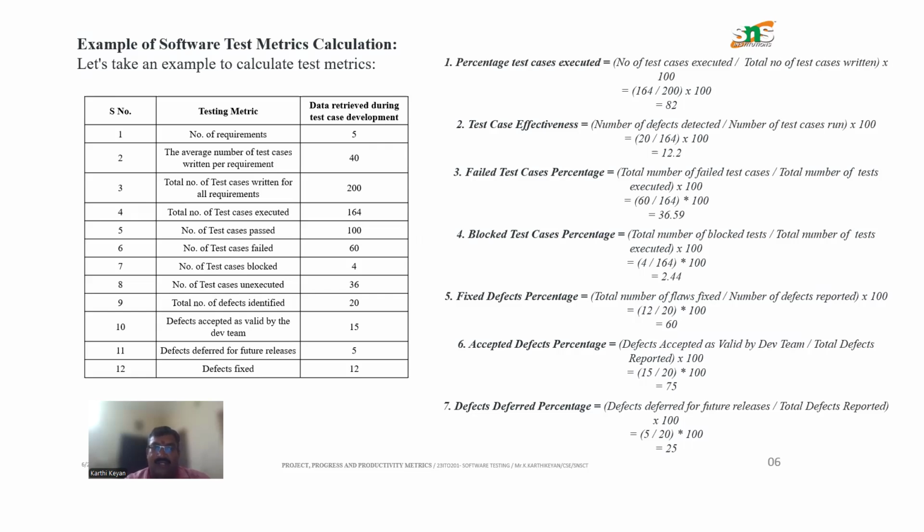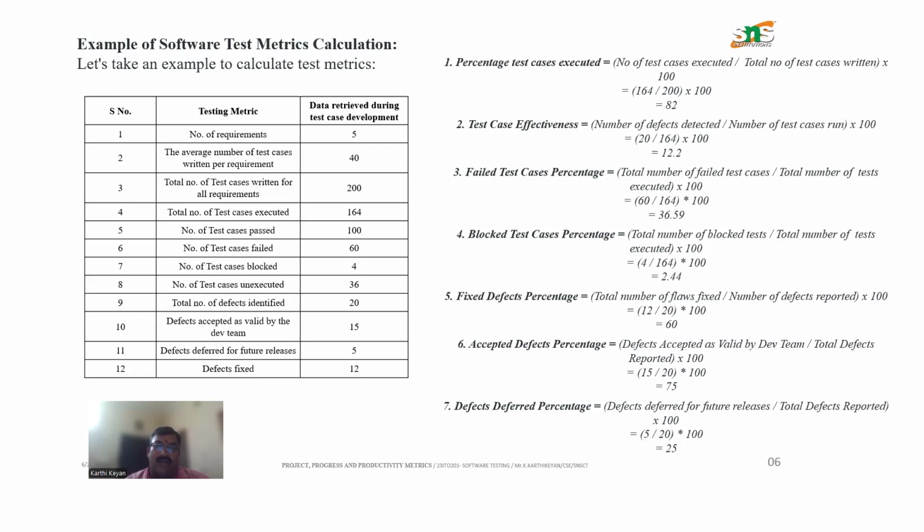Number of test cases written for all requirements: 200. Number of test cases executed: 164. Number of test cases passed: 100. Number of test cases failed: 60. Number of test cases blocked: 4. Number of test cases unexecuted: 36. Total number of defects identified: 20. Defects accepted as valid by the DevOps team: 15. Defects deferred to a future release: 5. Defects fixed: 12.